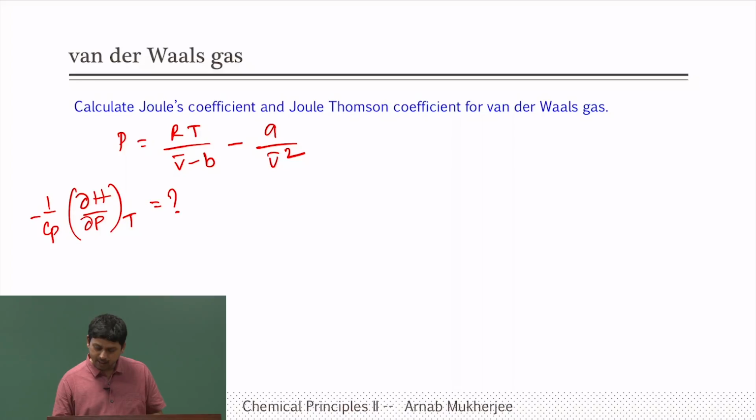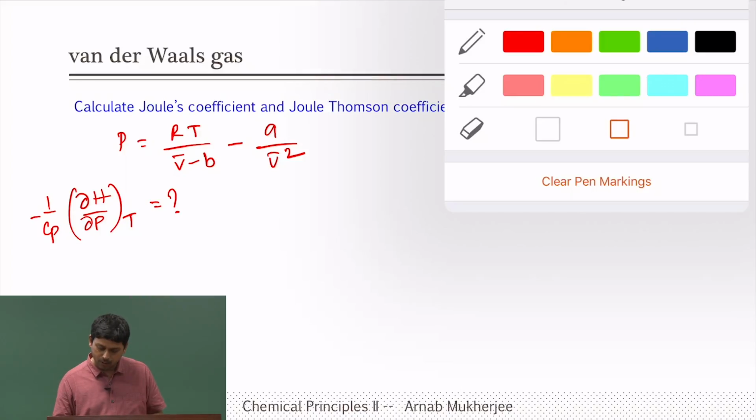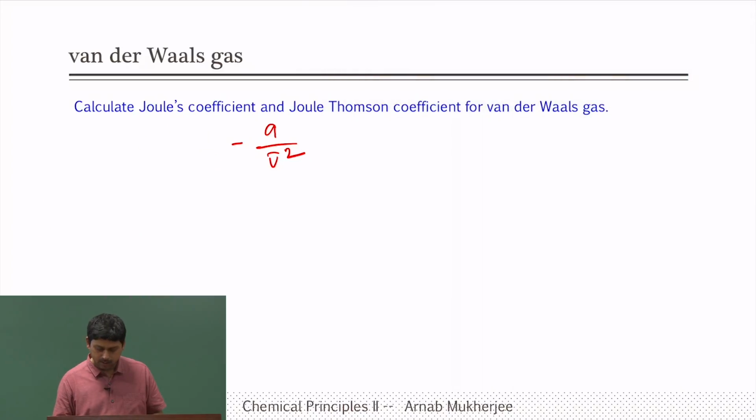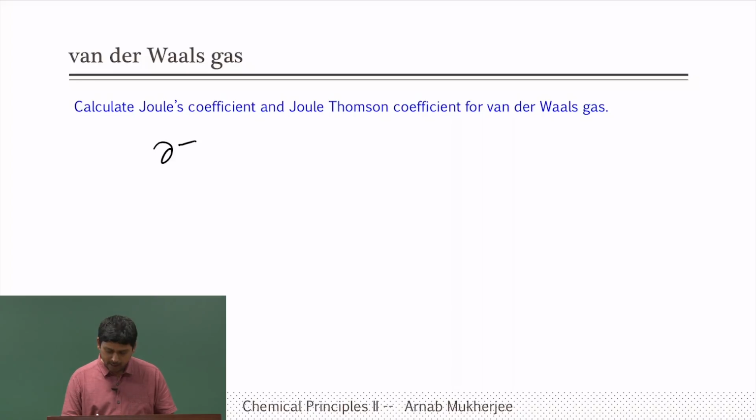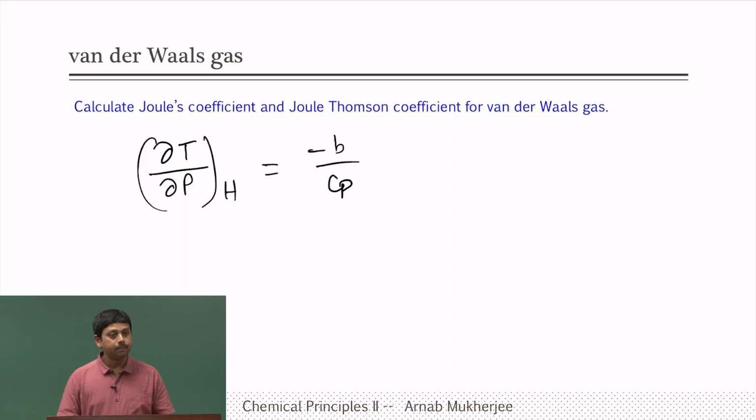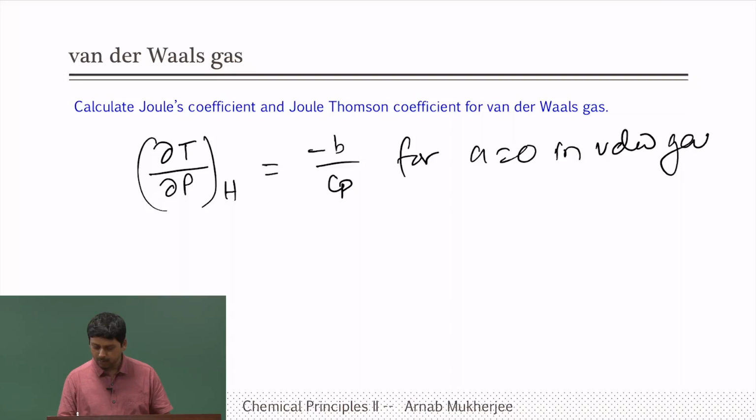So, we have calculated that. I am going to just delete this part, and I have the expression, so I will just write it down. Del T by del P at constant H is going to be minus B by C p for A equal to 0 in a Van der Waals gas.